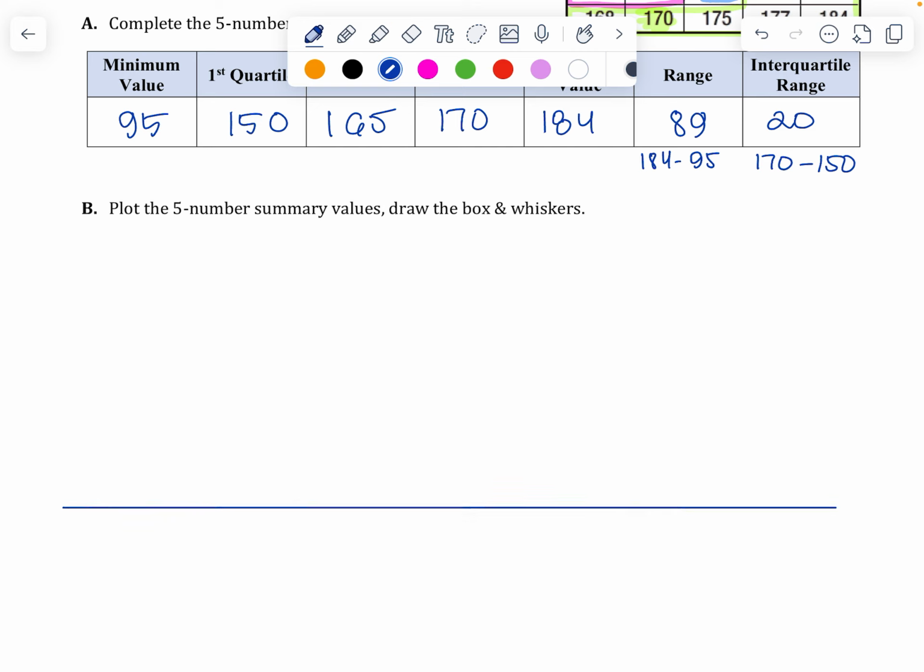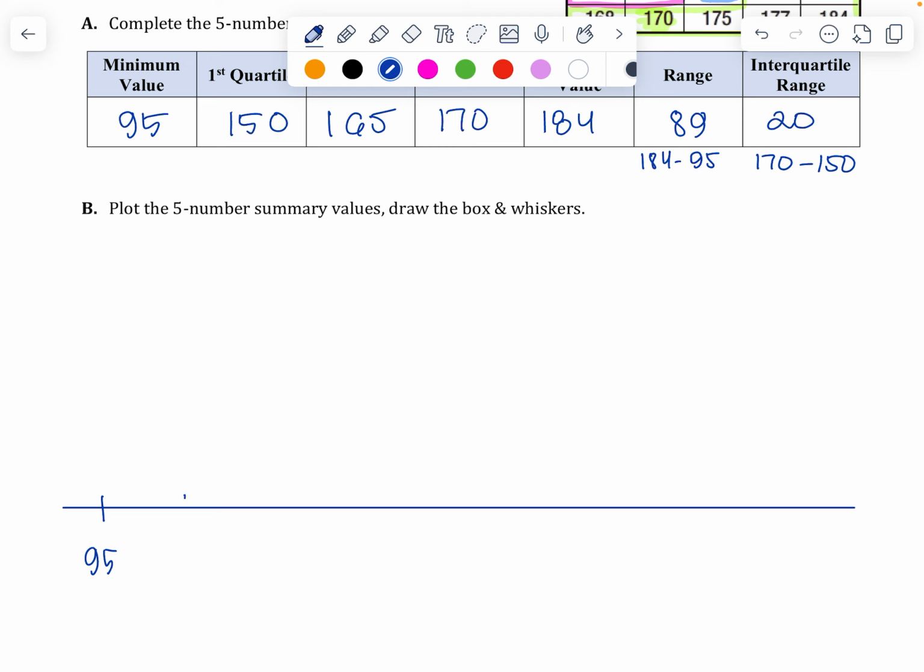I'm going to make my number line. I need my tick marks. The lowest it goes is 95. The highest is 184. So I'm going to go 95 to 185. So I'm going to go 95, and then I'm going to go by 10s because I feel like going by 5s is going to take forever.